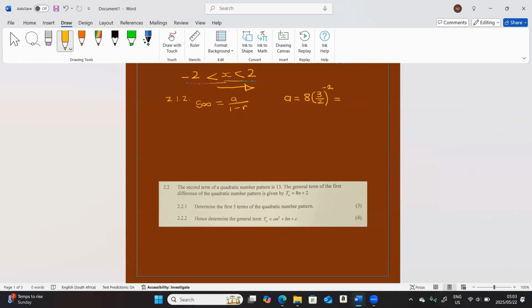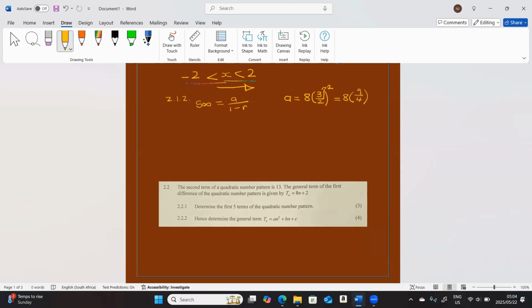I will explain by first applying your law of exponents, which says that your numerator and your denominator will get the square. So it's going to be 8, 3 squared would be 9, and 2 squared would be 4.